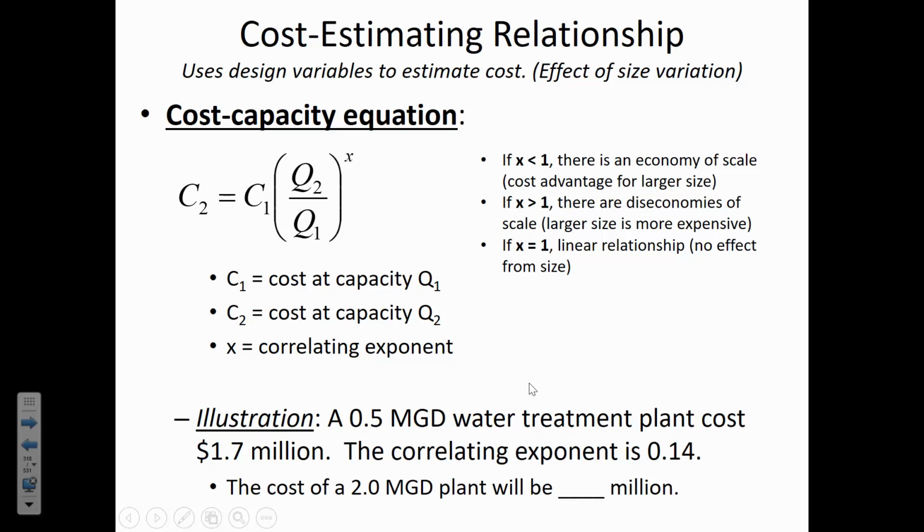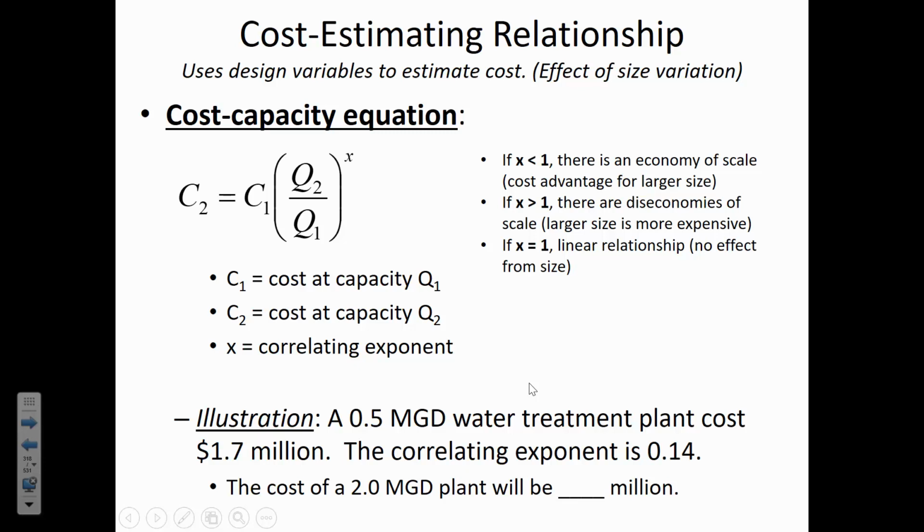C2 is the cost of item 1, which is 1.7 million, and then the ratio of the sizes, 2.0 MGD divided by 0.5 MGD, to the power of 0.14. Now, 2 divided by 0.5, that's 4.